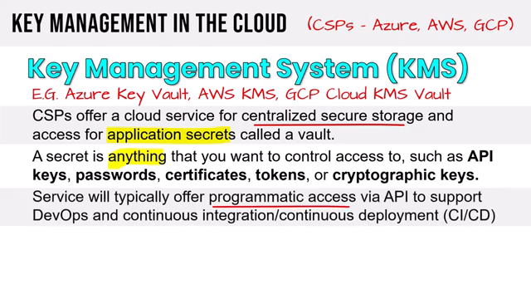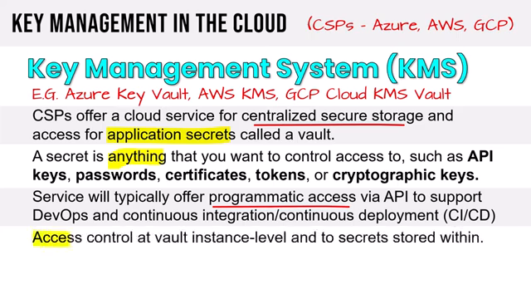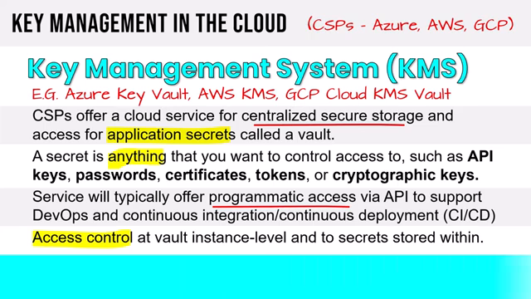And the service will typically offer programmatic access. They may have GUI access, of course, through a portal, but also programmatic access, often via an API to support DevOps and your CI/CD automation. Access control is available at the Vault instance level and to the secrets stored within the Vault. So generally, control plane access and then data plane access is how I'd phrase that.